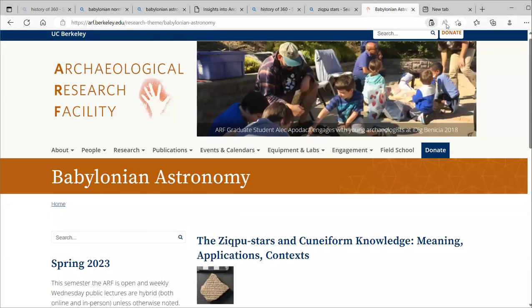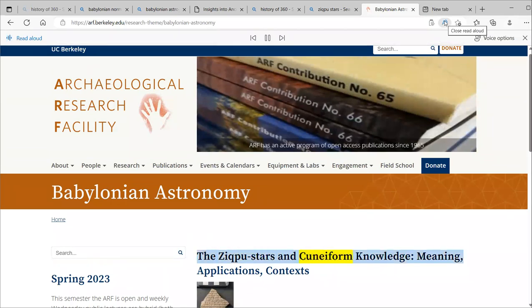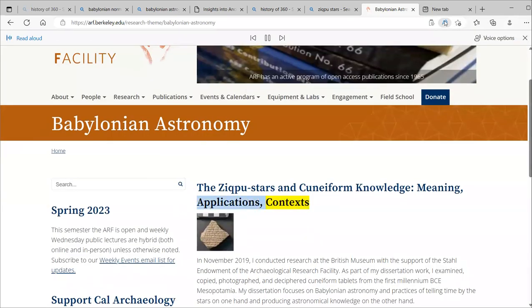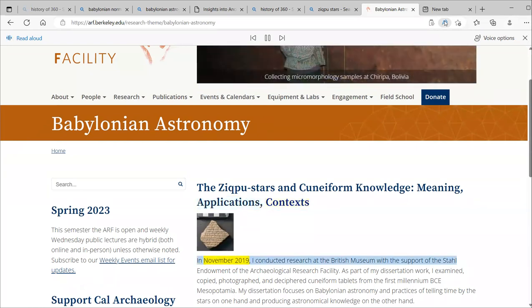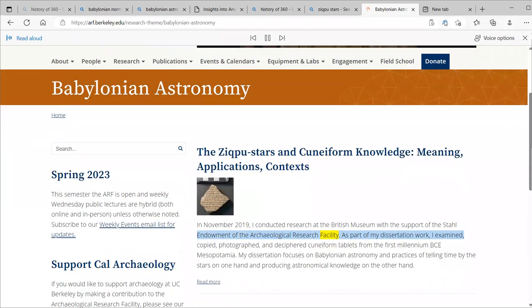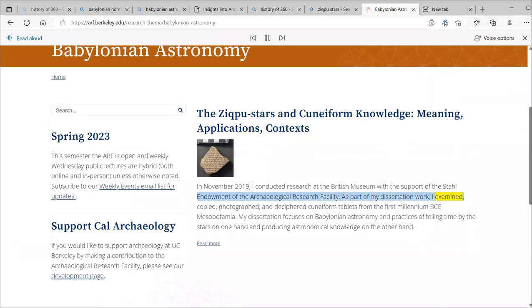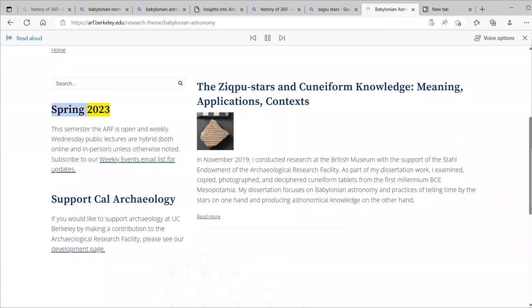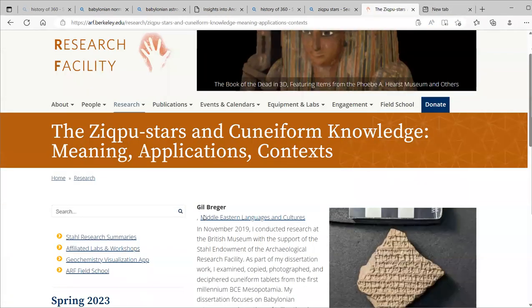Okay, it says read more, so I'm going to go into read more.